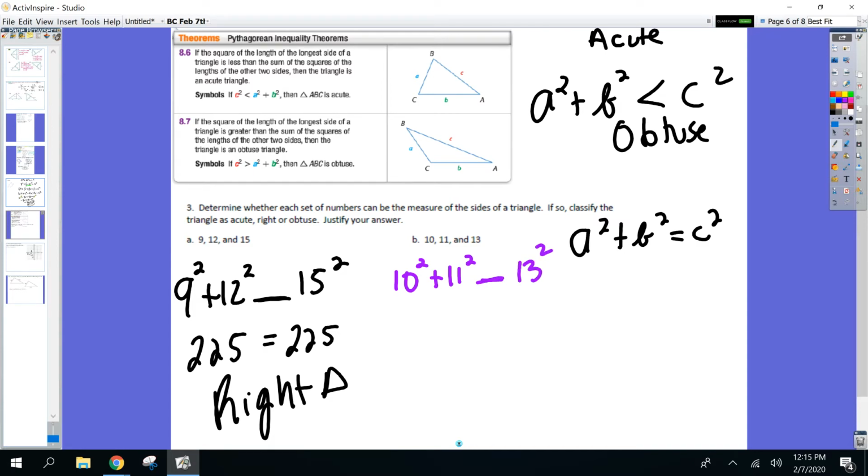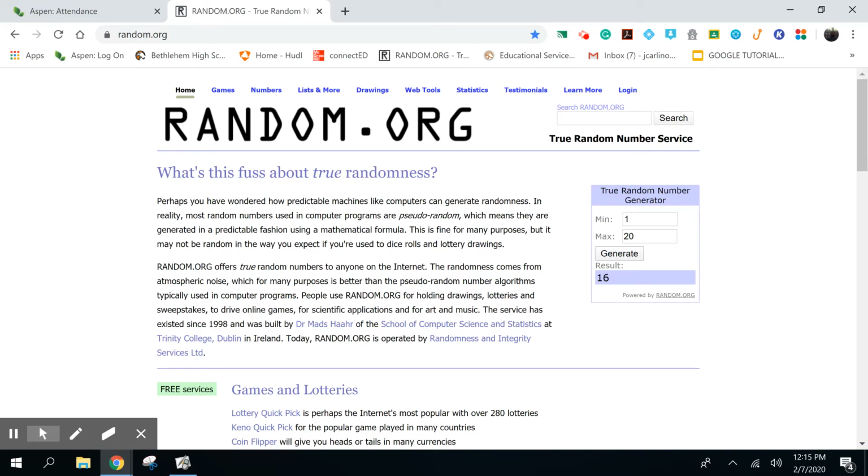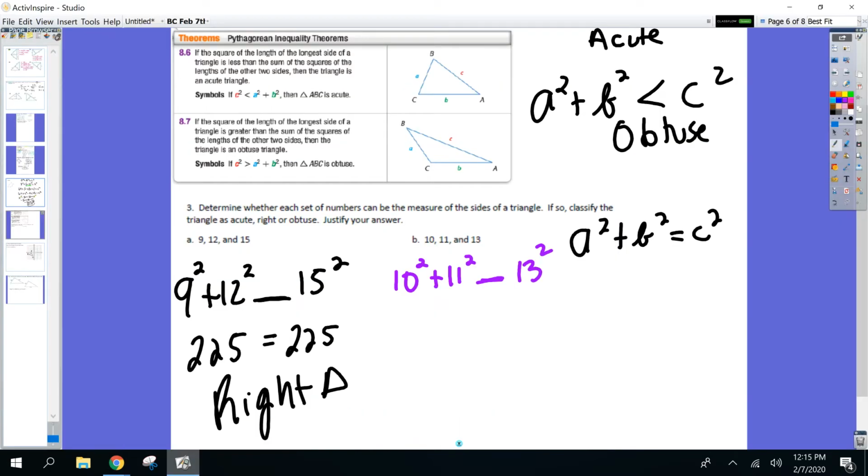Let's find out. 10 squared, 11 squared side, 13 squared. So it looks like the legs came out to be bigger, which means it's an acute.